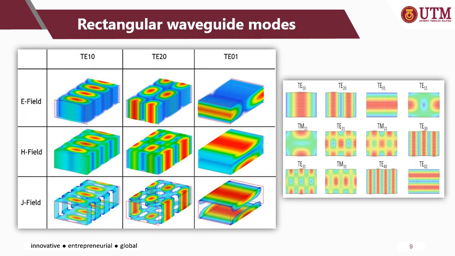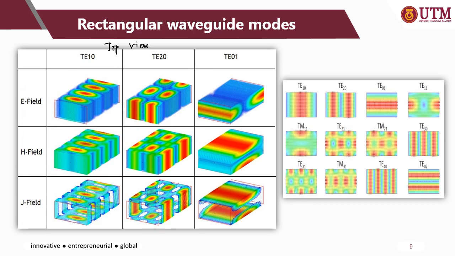Okay, these are how the fields look inside the structure from the top view and also from the side view. These are from the top view, depending on the mode of the signal being transmitted.